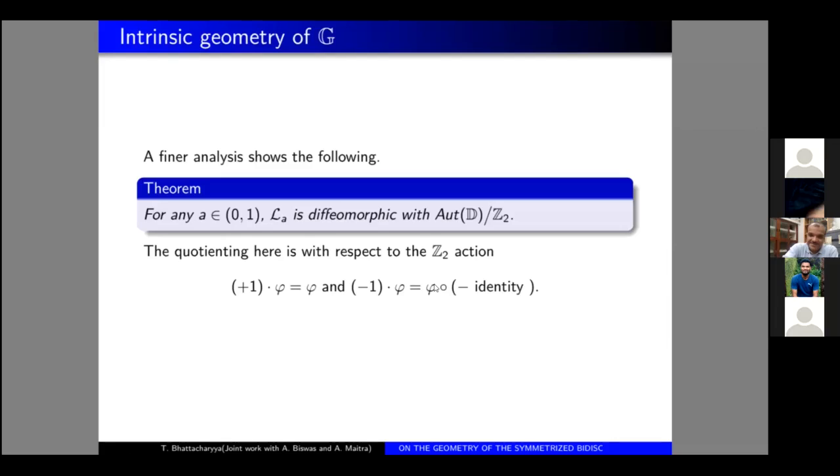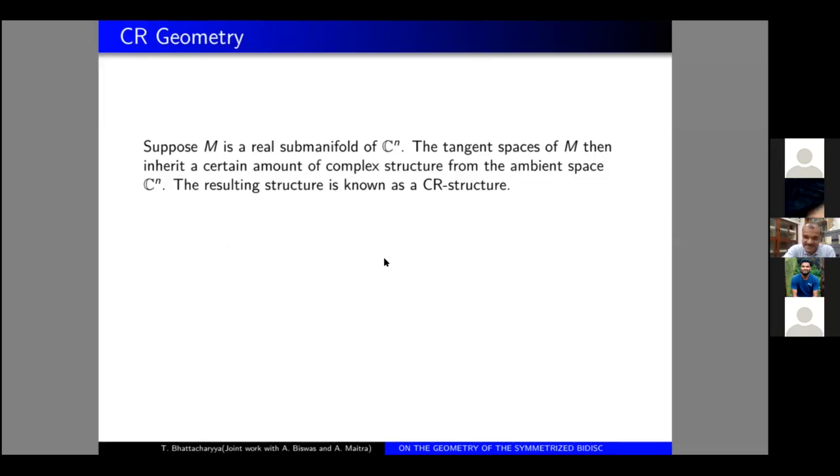Now things start getting more interesting because they are three real dimensional and they are diffeomorphic, but there is an ambient complex space. They're sitting in C2. So I won't be able to go into the details of this concept, the so-called CR geometry, and the excellent exposition from which we learned a bit of it is John P. D'Angelo, his chapter 3 or so.